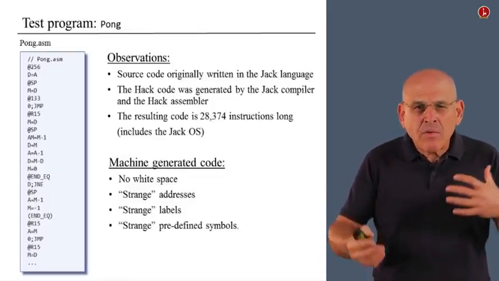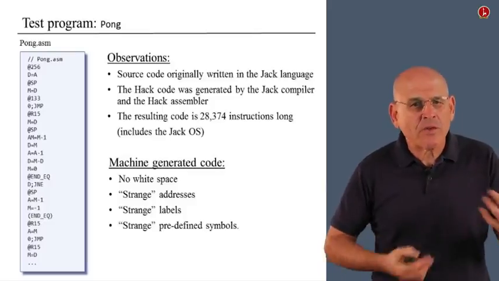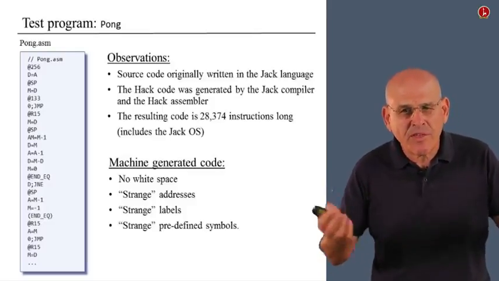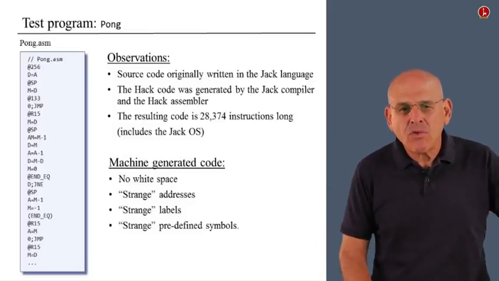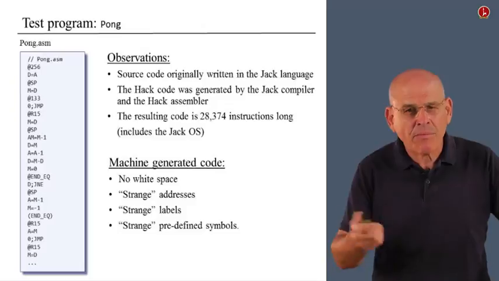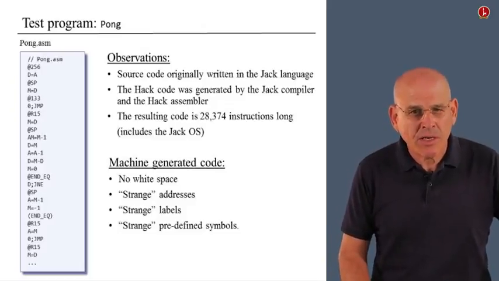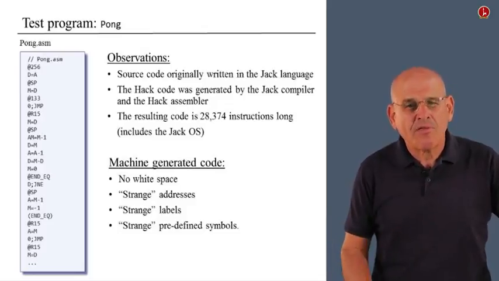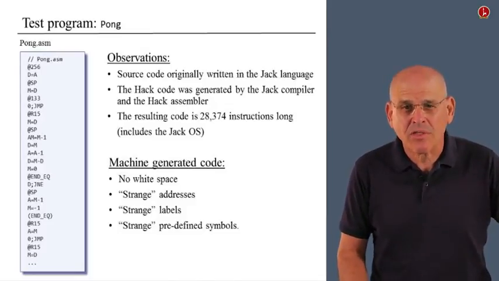And then you will see in this code all sorts of strange things. For example, you see some strange addresses, like 256. Where does this 256 come from? Well, it comes from the way our virtual machine is implemented. Now, you may ask yourself, what is a virtual machine? Well, to find out, you have to take the second part of the course.